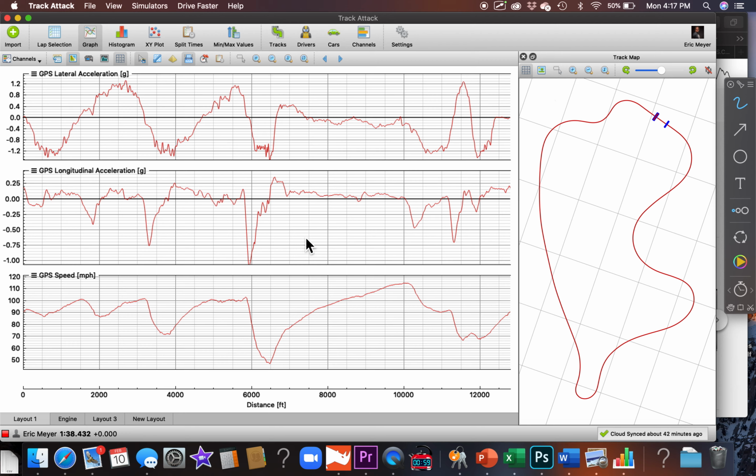Let's look at this again and do a recap. There was that big straightaway, right? This is coming off the corner, throwing us back. See how that's higher longitudinal G's? And as we travel down the straight, you can see this goes near zero.